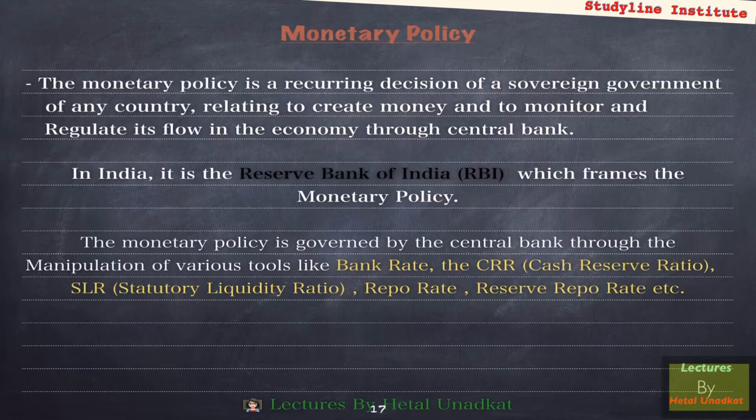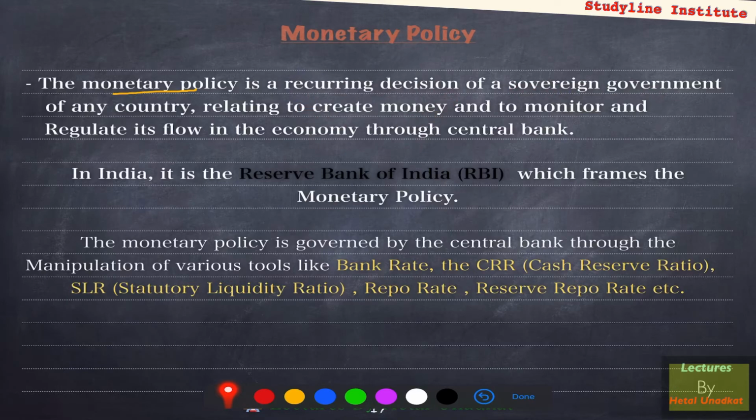So let's see what it says. The monetary policy is a recurring decision of a sovereign government of any country. Any government of any country will take these decisions because the government needs to create money.